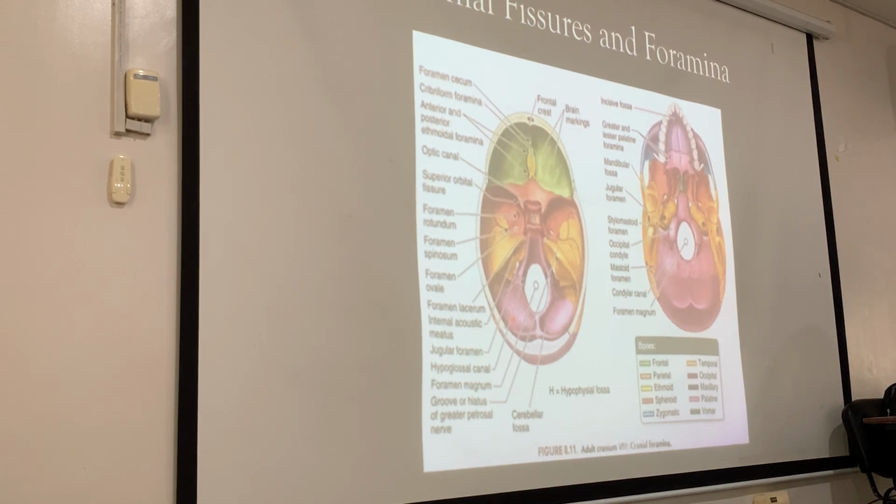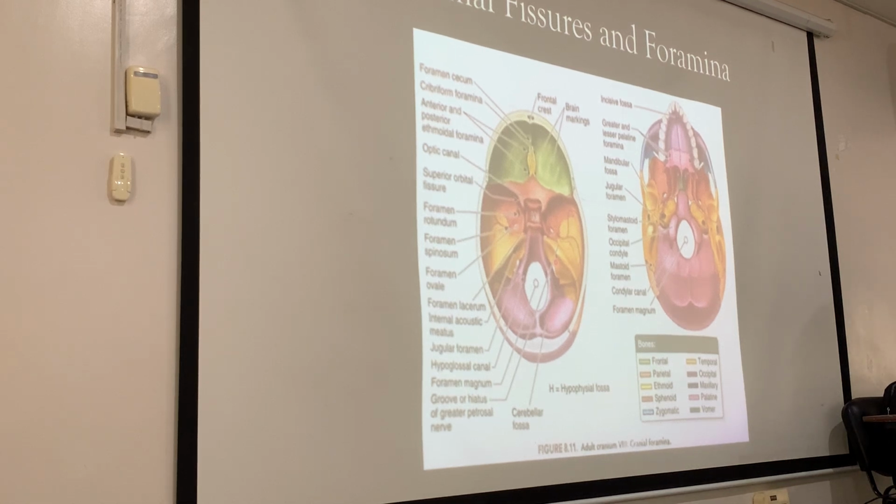So different foramina allowing nerves to pass, and the spinal cord. Okay, so that's a view of the skull looking from the top.